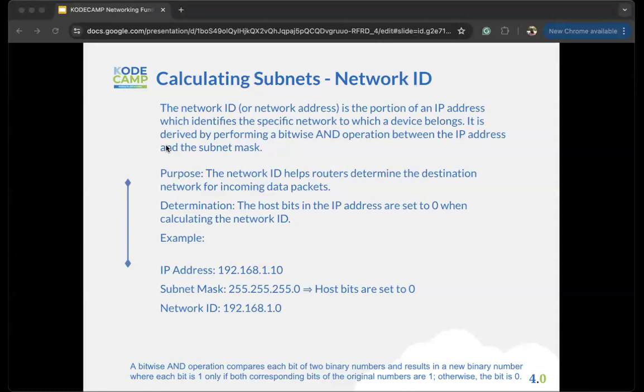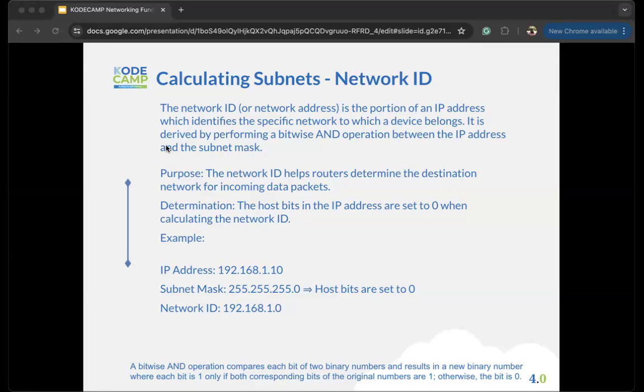In that network, you have a specific device that has the IP address of 192.168.1.1. You can have another device within that same network that will have the IP address of 192.168.1.2, for instance. You can have another one that can have 192.168.1.4, for example, right?